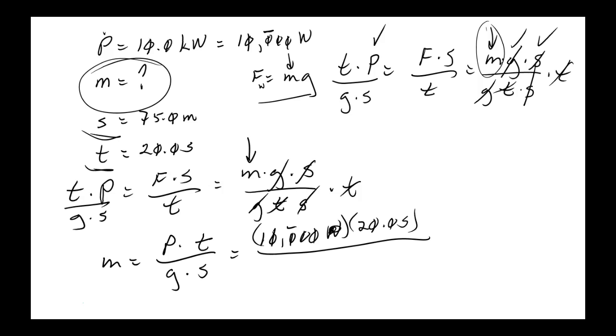Let's look at this right here. Remember where we started? Power is force times displacement divided by time. A force is a Newton, s is in meters, and your time is in seconds.